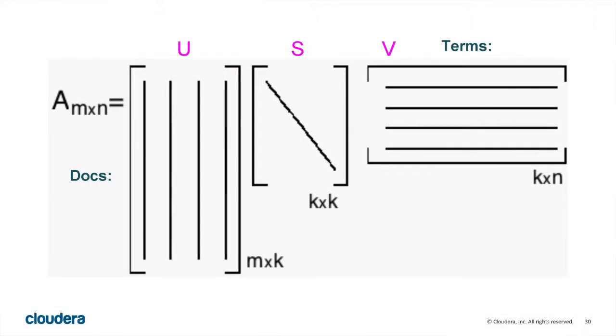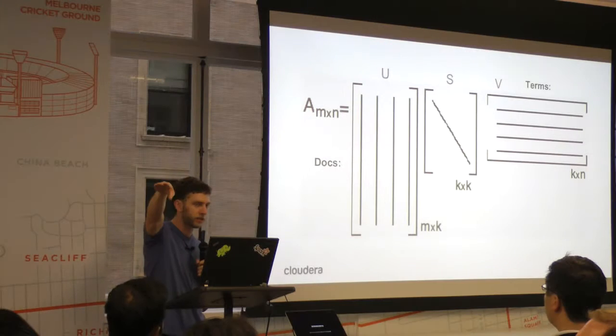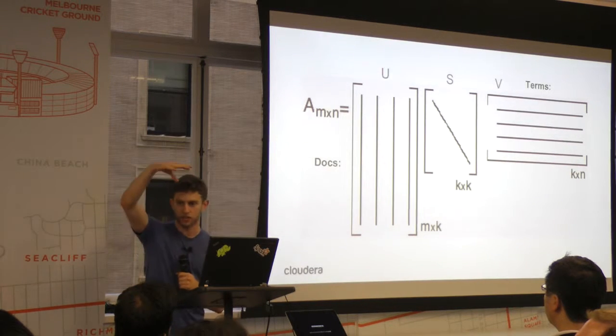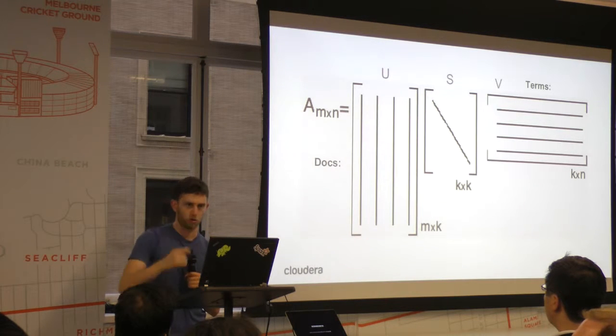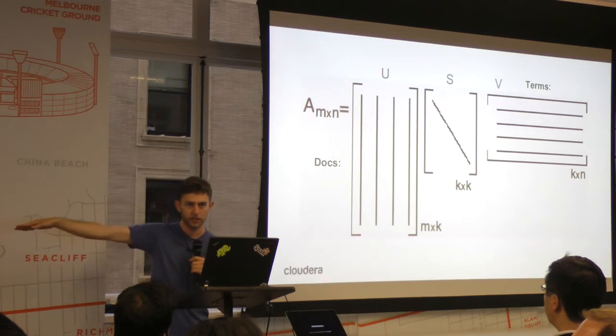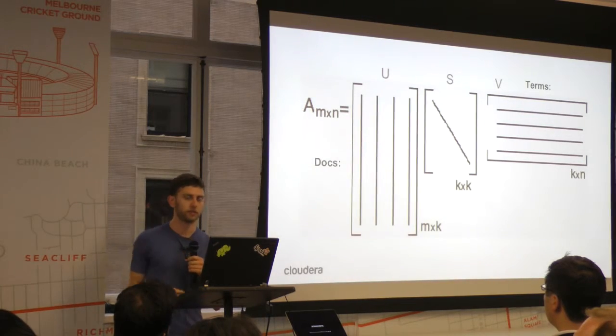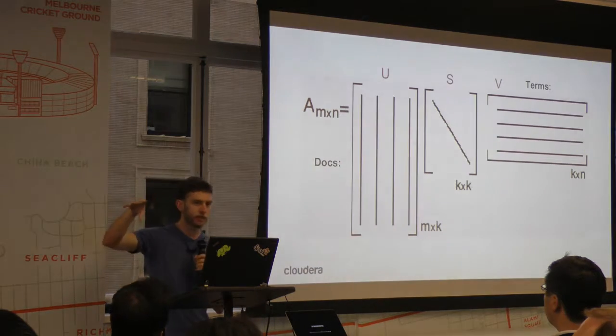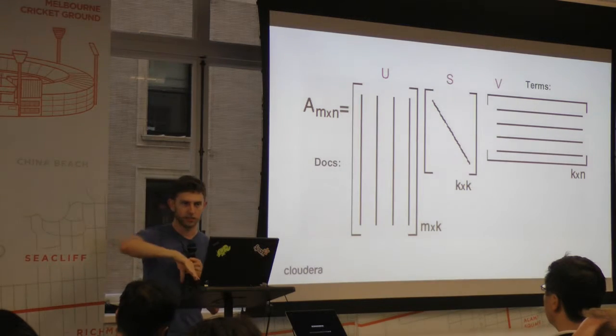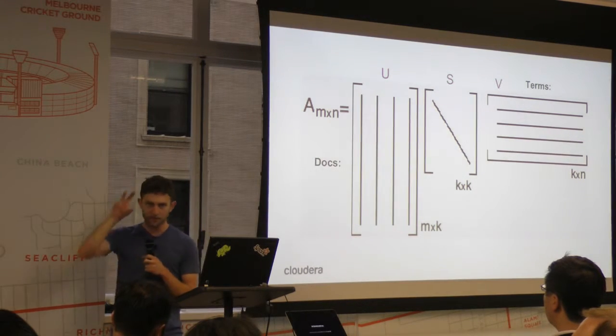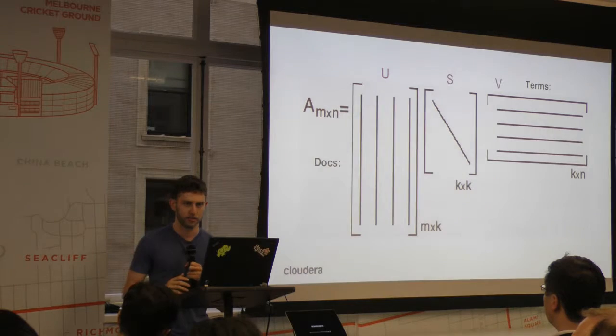There's our U matrix, there's our S matrix, and there is our V matrix. The U matrix roughly gives us information about all the documents in our corpus. The V matrix gives us information about all the terms in our corpus. And the S matrix sort of unites the two and gives a particular rank to the different combinations here.